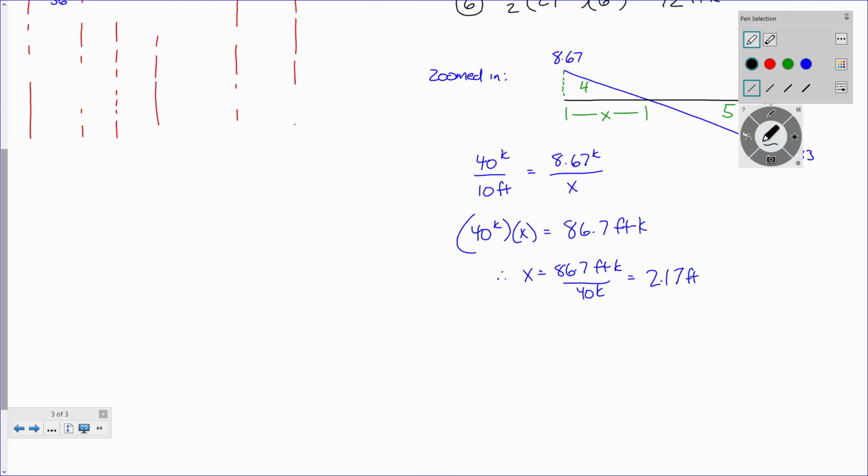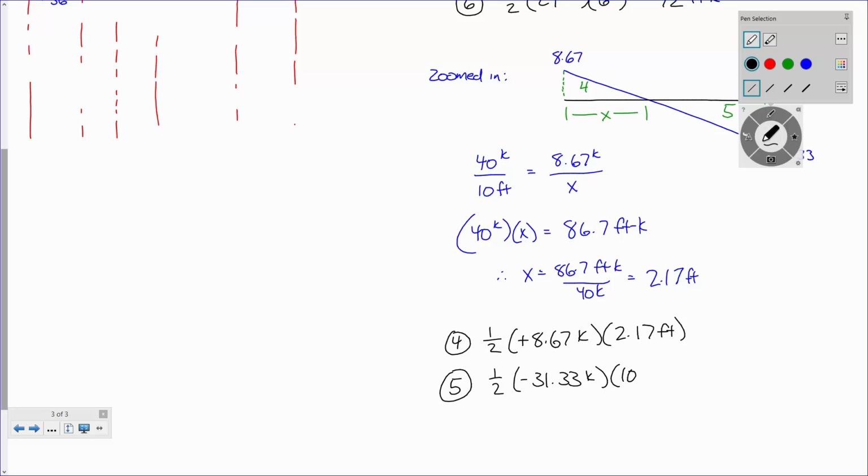Therefore, if I want to calculate the area of 4 and the area of 5, 4 is going to be 1/2 times positive 8.67 kips times 2.17 feet. And 5 is going to be 1/2 times negative 31.33 times what?